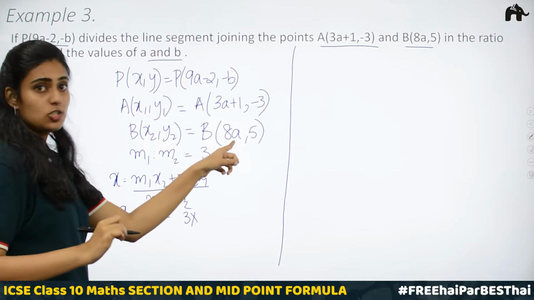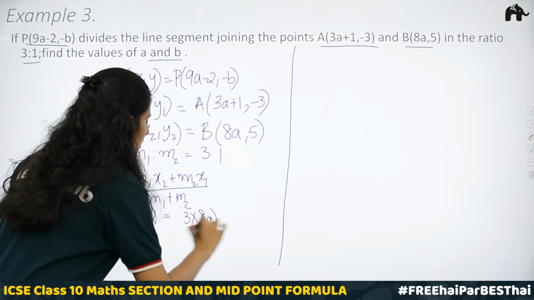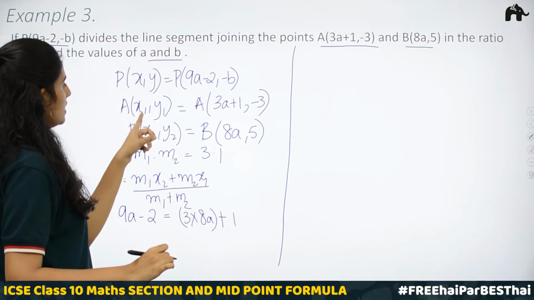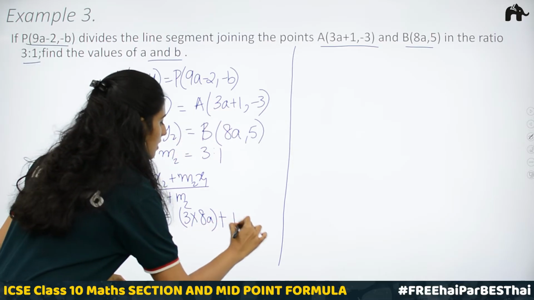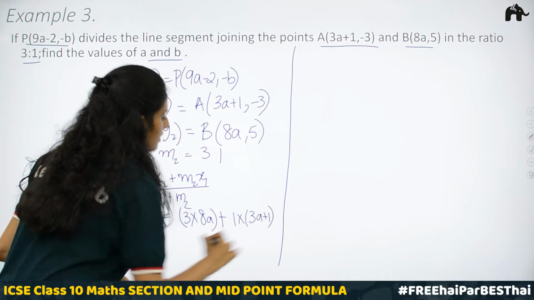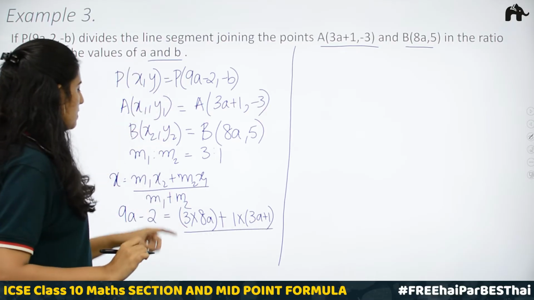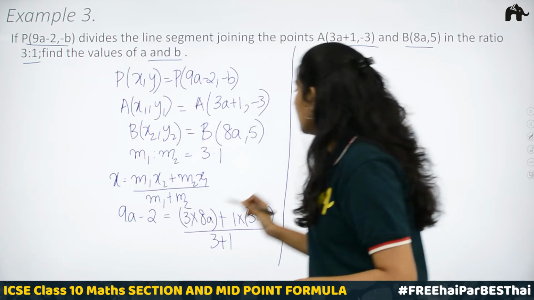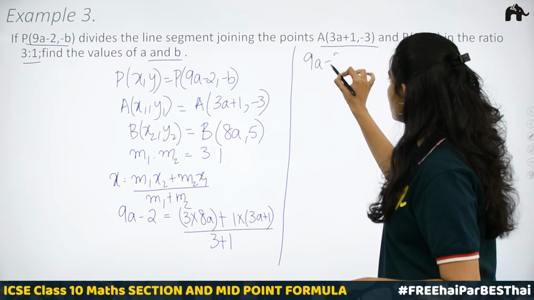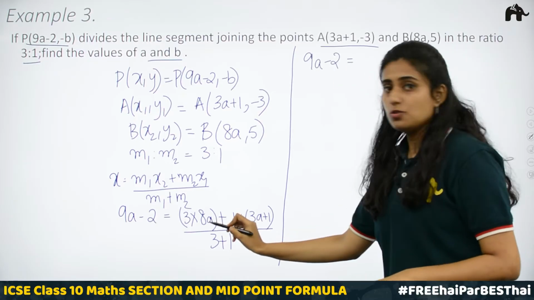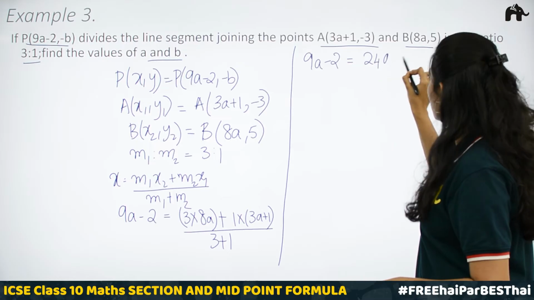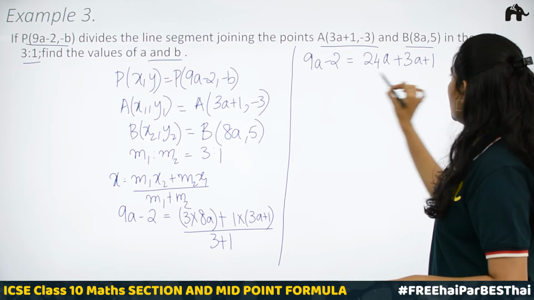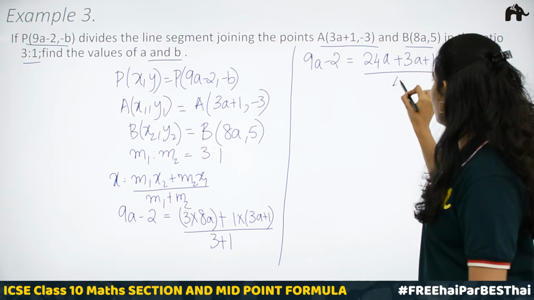Here x2 is equal to 8a, plus m2 x1. m2 is 1 and x1 is equal to 3a plus 1, into 3a plus 1, divided by m1 plus m2, that is 3 plus 1. 9a minus 2 is equal to 3 into 8a is 24a, plus 1 into 3a plus 1 is 3a plus 1, divided by the denominator, we have 3 plus 1, 4.